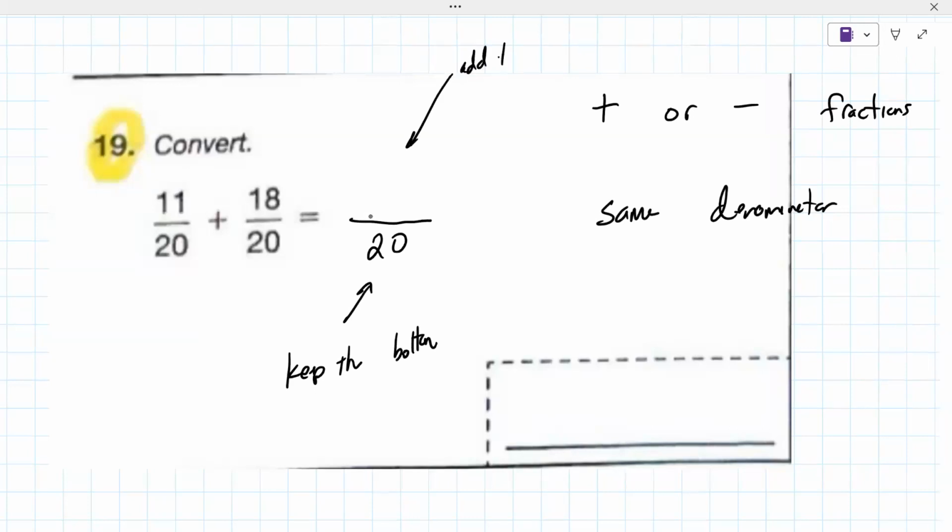So 11 plus 18, what does that become? 29. Over 20. Is that okay? Yeah. All right. Any questions on that? No.